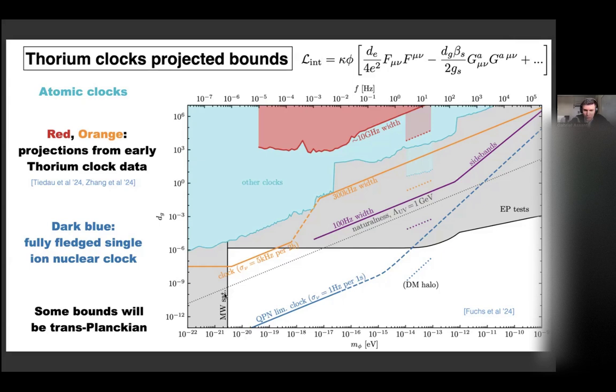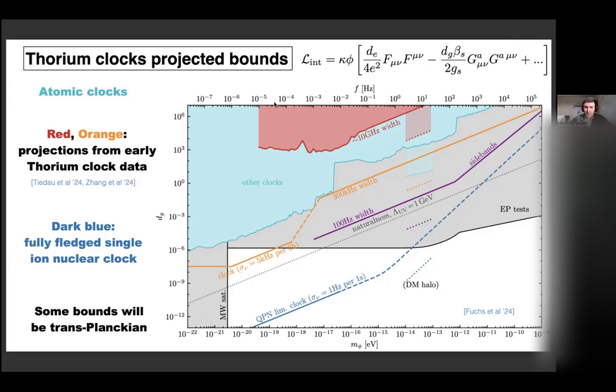Finally, you have a few gray regions, which are on the left, Milky Way, simply the existence of the current structures that we know in the Milky Way. There are bounds on dark matter from this. And then EP test is exactly what I was mentioning in the first or second slide, which is tests from equivalence principle violation.